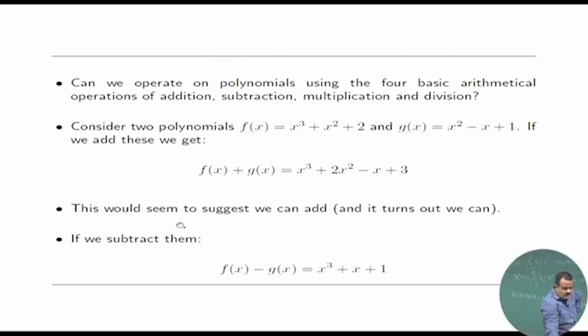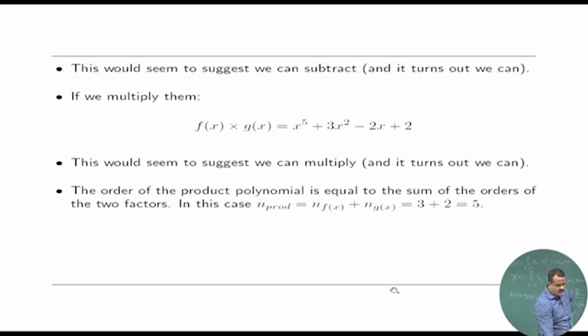Now, similarly we can define the subtraction. Subtraction is basically we just take the minus of g(x). Minus of g(x) is we take the minus of the coefficients a_i, then we take the addition. Okay.